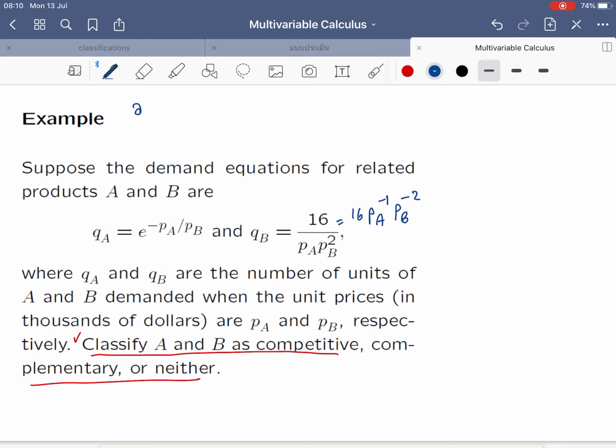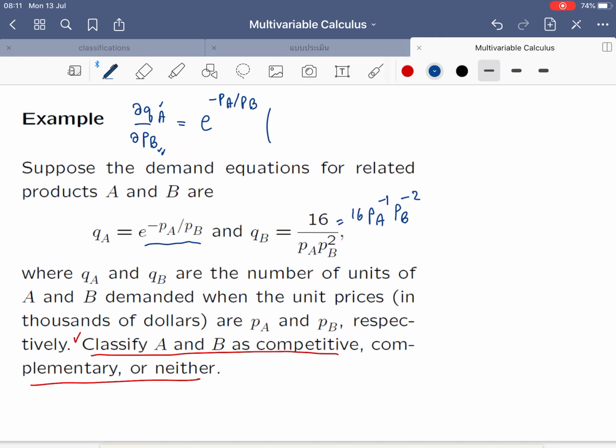To determine whether they are complementary or competitive, you need to find the marginal quantity with respect to another price. For example, the quantity A with respect to the price B. Here is your A, so it is e raised to the power negative PA over PB, and then the derivative of the inside with respect to PB.